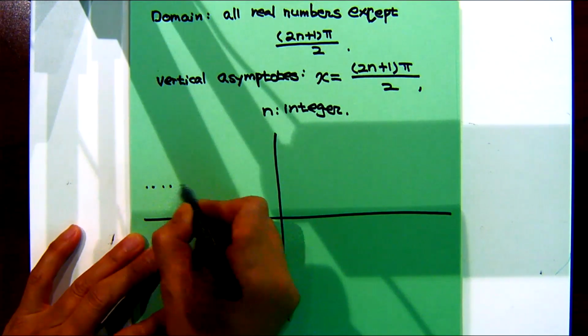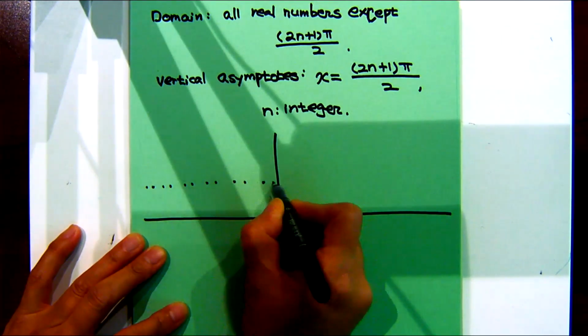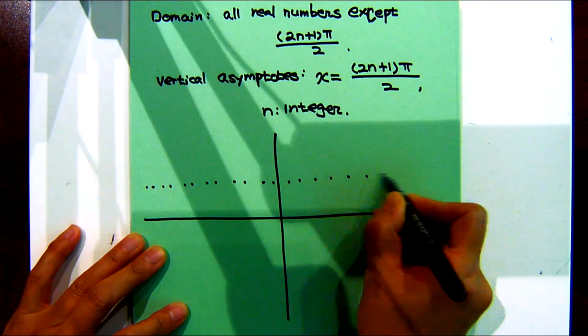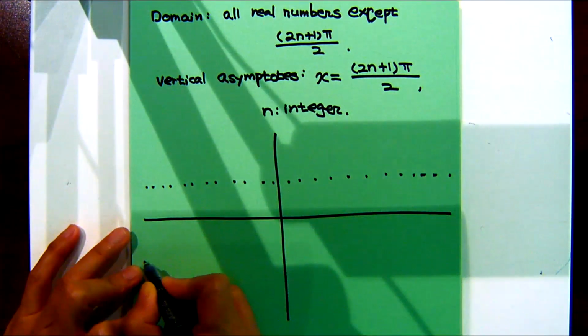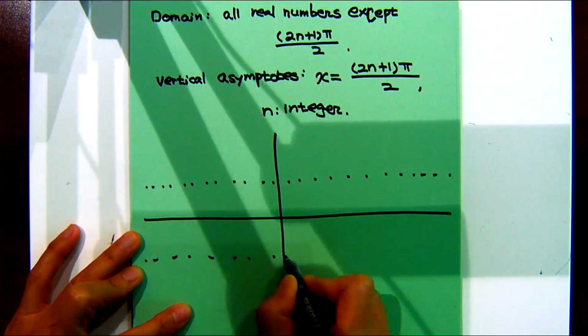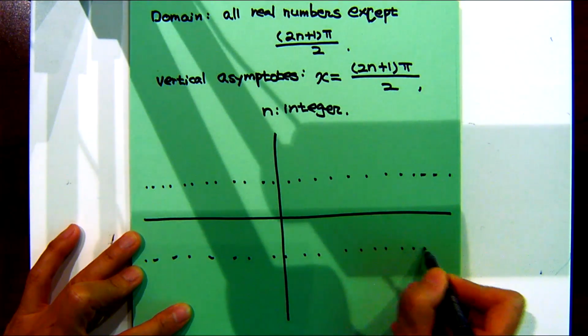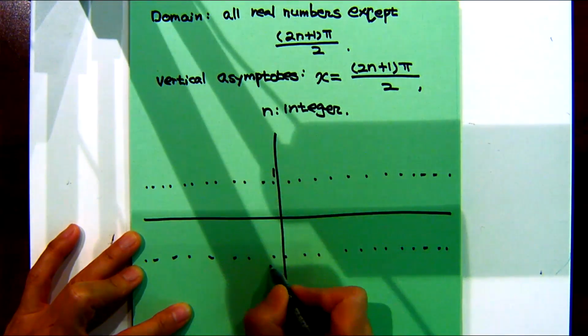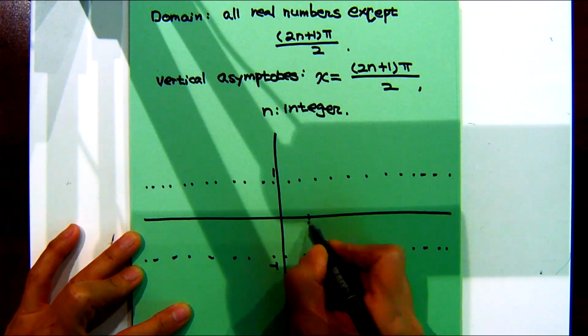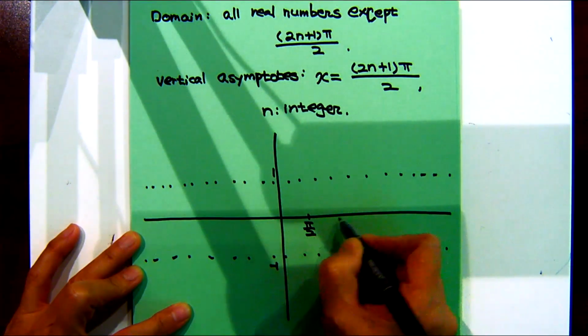Let's draw the cosine function first. Cosine is bounded by 1 and -1. The benchmark happens every pi/2.